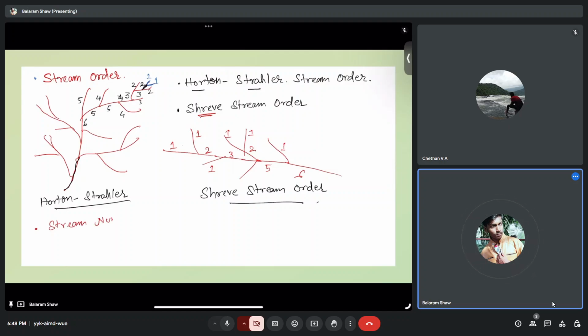If you have several streams of stream order 1, the total number of the streams which are having the order of 1 will be the stream number for that one. So in the figure 1, let's say this is figure 2. In figure 2, what will be the stream number, that is Nu, for stream order 1?